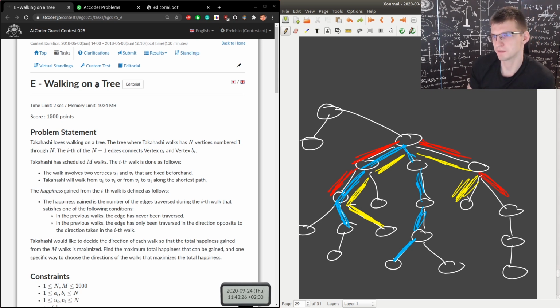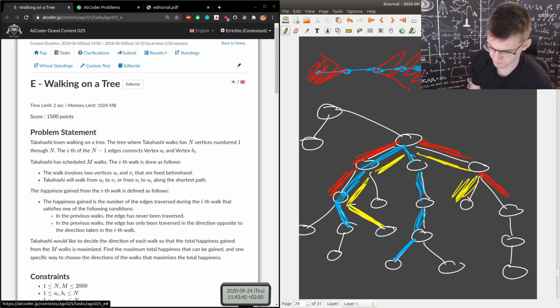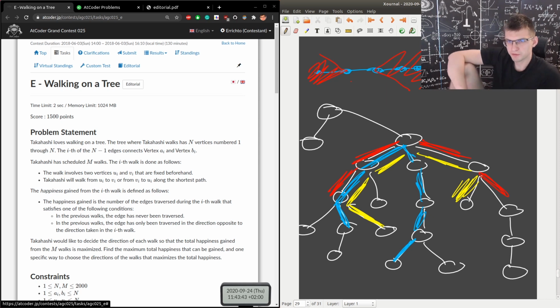It might be bad, because maybe there is some path and it has some stuff on both sides. Here something happens, on the other side also something happens. And flipping the blue path is good, but only if we also flip everything here. So maybe more like flip everything in a subtree.